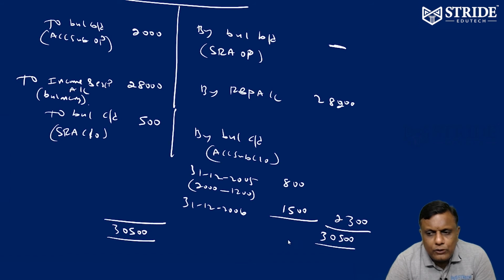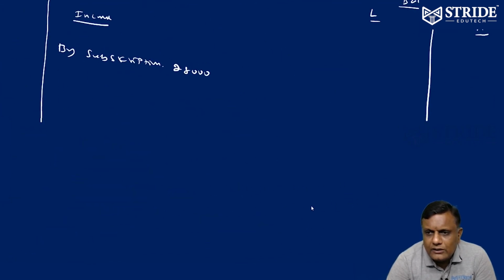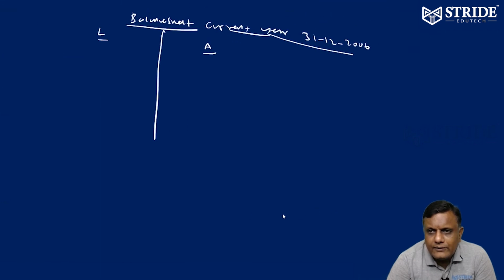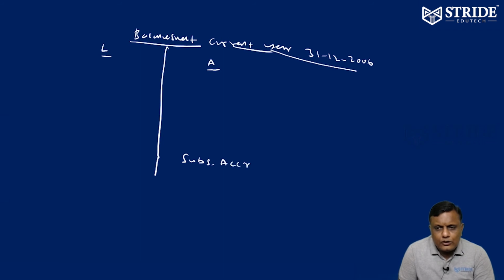Okay, I'll close now. Income I posted 28,000. Now current year balance sheet, asset side: subscription accrued 2,300.